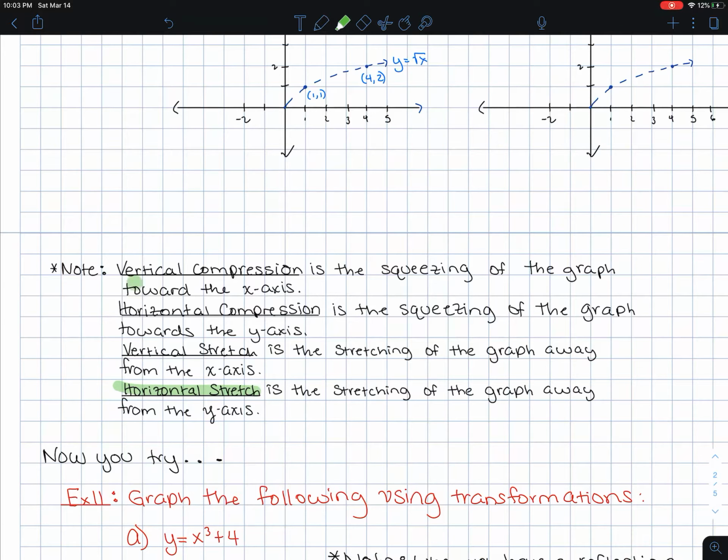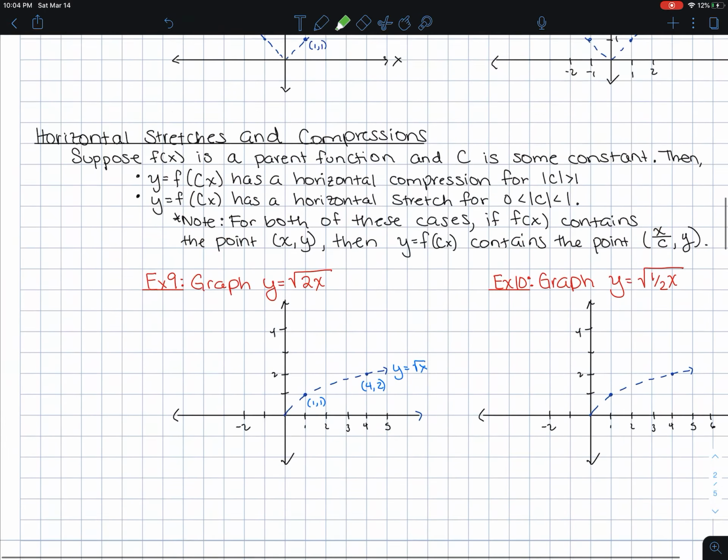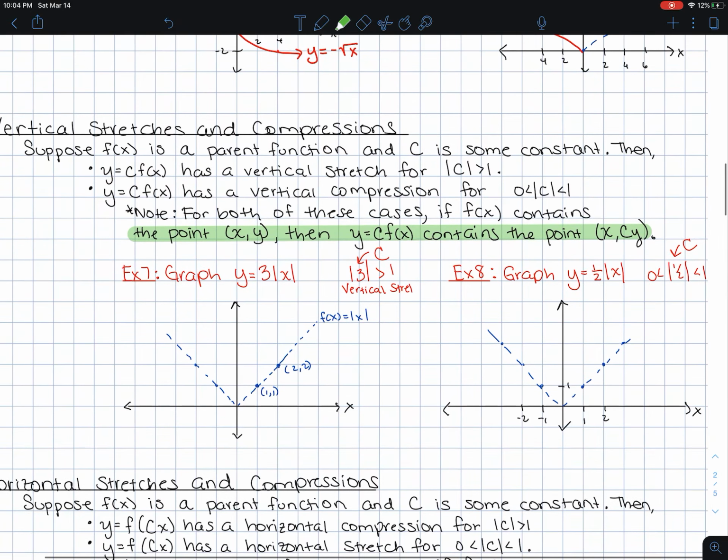I've actually put them down here so you know what your graph is going to look like, whether it's going to stretch or compress. You can read the description and hopefully you have the notes in front of you so you can press pause if you like. Okay, back to example 7.